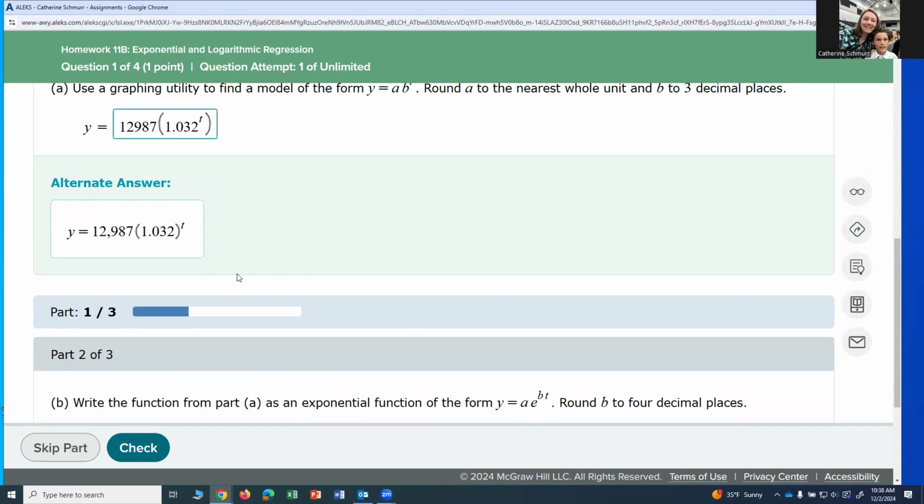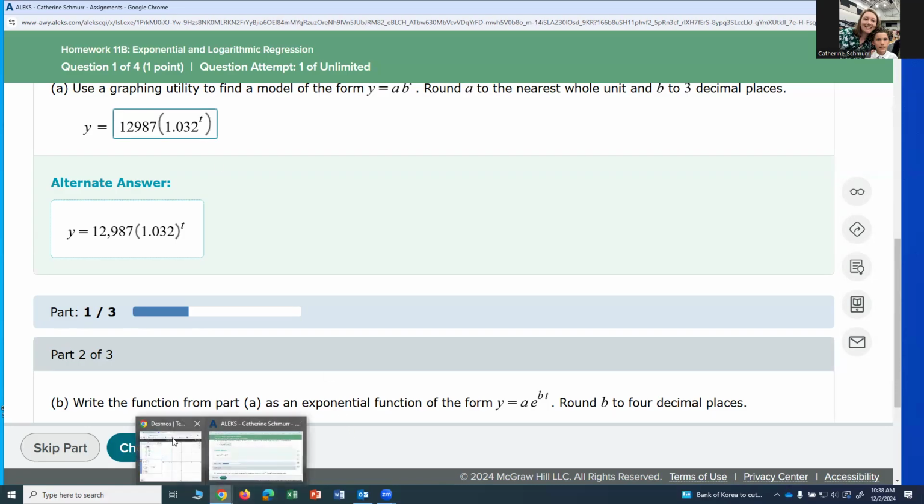Now, I know that e and natural log are inverses, and so what I would have to do in order to figure out what the new b is down here is I would have to do e to the natural log of 1.032, whatever your base is here.